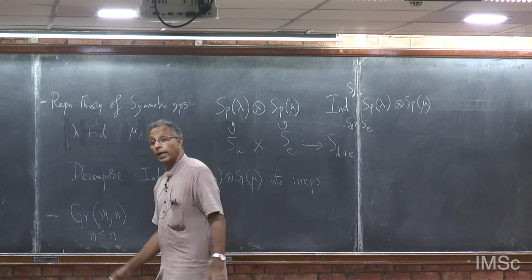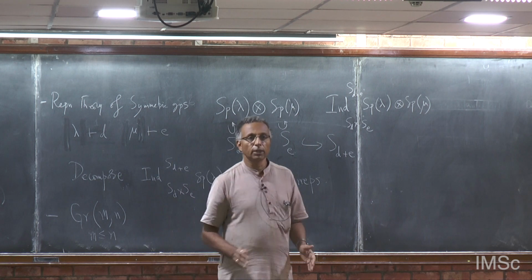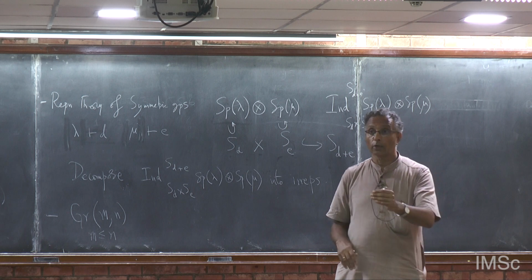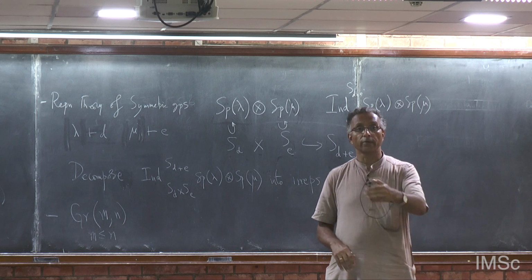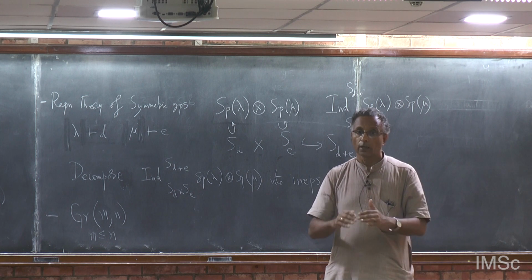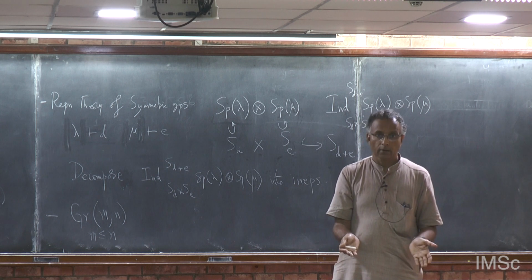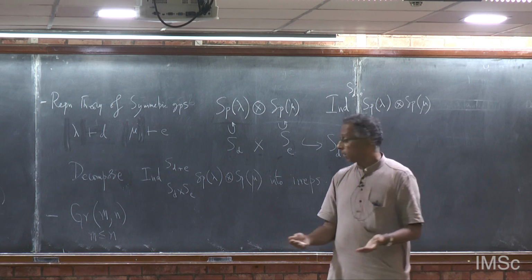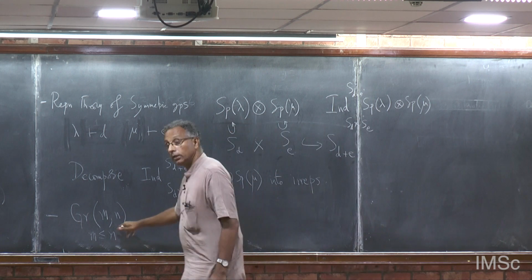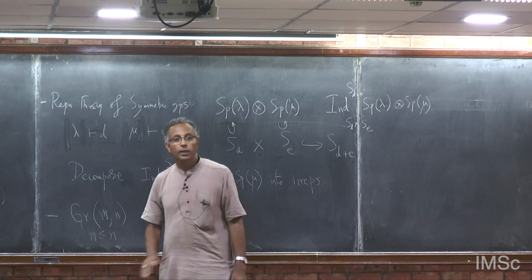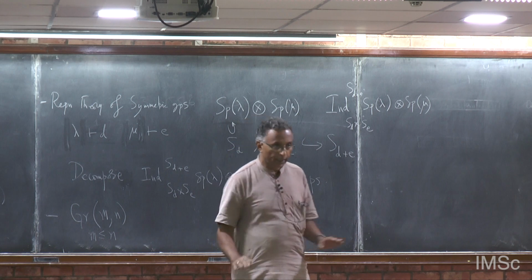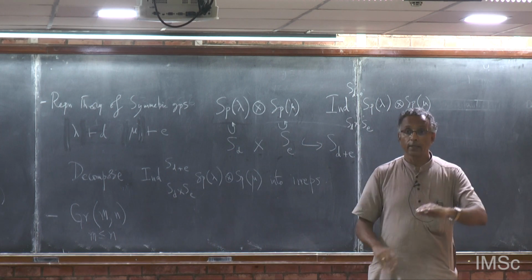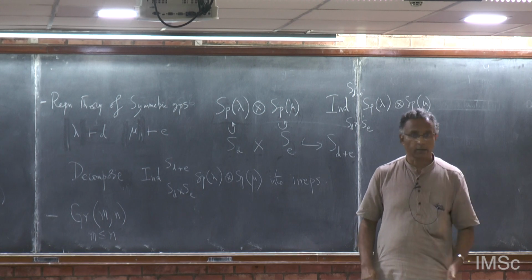You would have seen how to put a topology, even an algebraic variety structure, on projective space. Similarly, you can put a projective variety structure on these. These are smooth varieties, in fact homogeneous varieties, in the sense that there is a transitive group action.